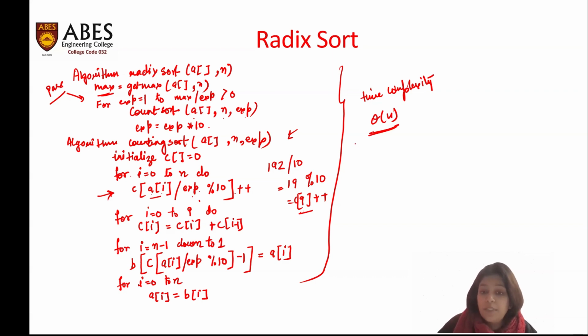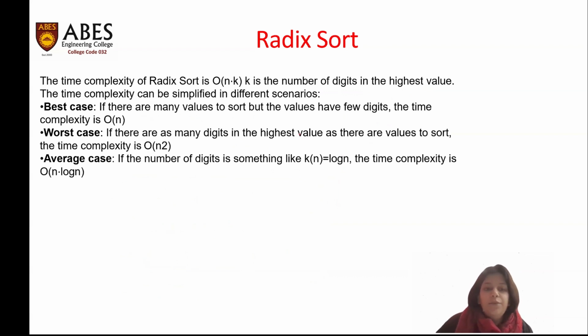So suppose the number of digits in the input is k, so this counting sort algorithm will be called k times, right? So the time complexity of Radix sort is represented by O of nk, where k is the number of digits in the highest value, right?